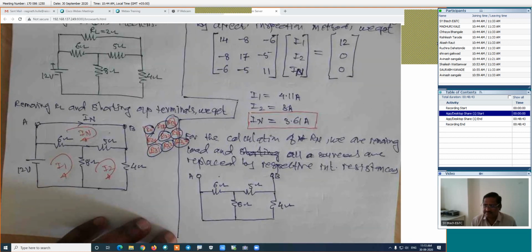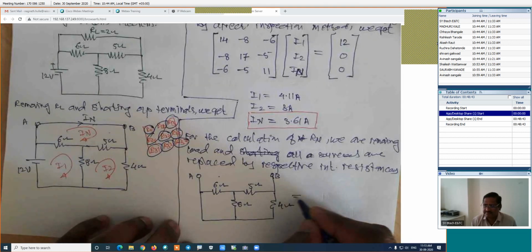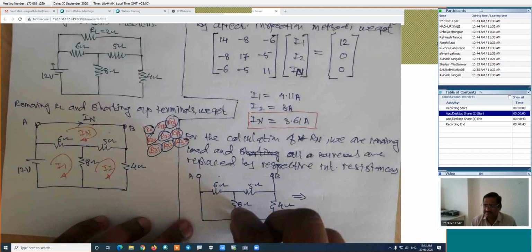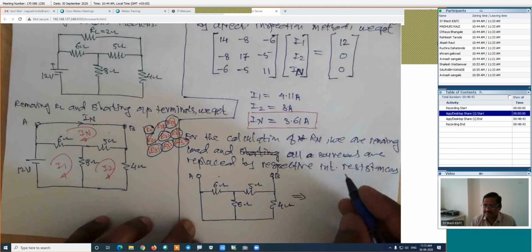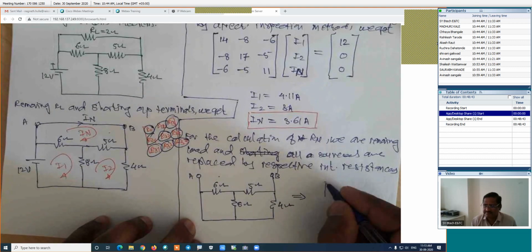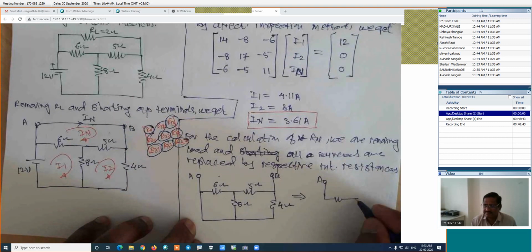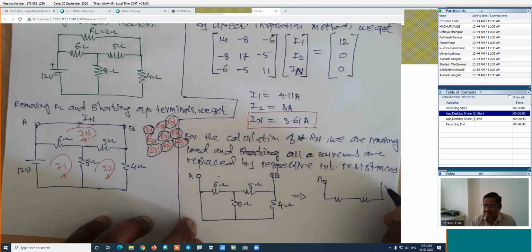How will its next figure be? I will draw here. Now, use the series and parallel combination. I will shift this point here, because this has a wire. The wire may be longer or shorter, so directly, I will put this point here. In that case, our figure will be something like this. This resistance as it is, this 5 ohm as it is. This point is the B point.